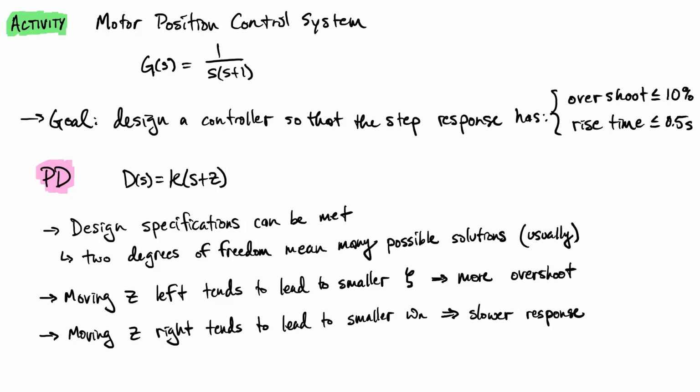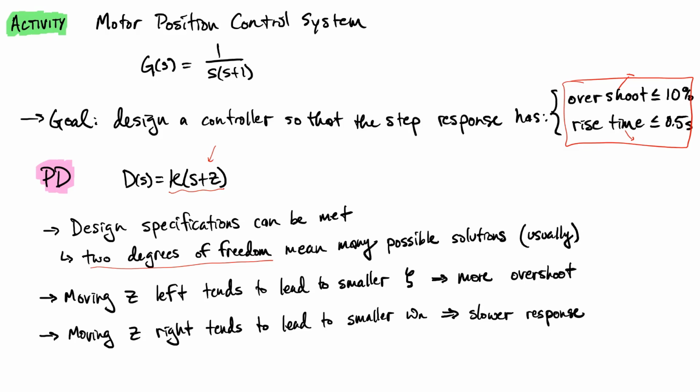Okay, so our design specifications have not changed. We have the same system, we have the same criteria here for our time domain specifications, and the only thing that's changed really is the fact that we have this extra zero to play with. And these two degrees of freedom end up showing us that we do have access to portions of the complex plane to put our closed loop poles so that they achieve these time domain specifications.